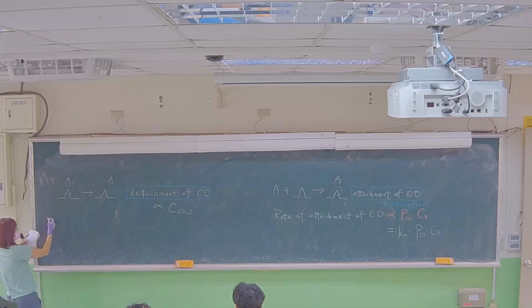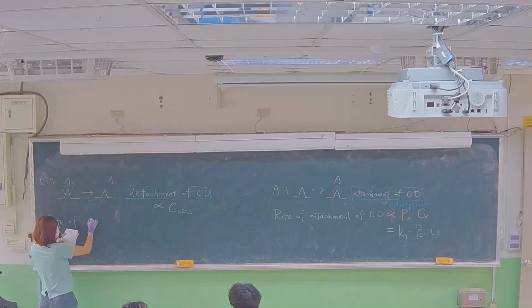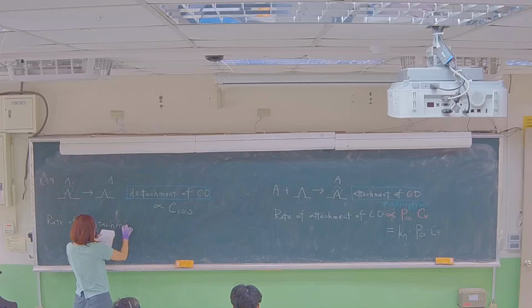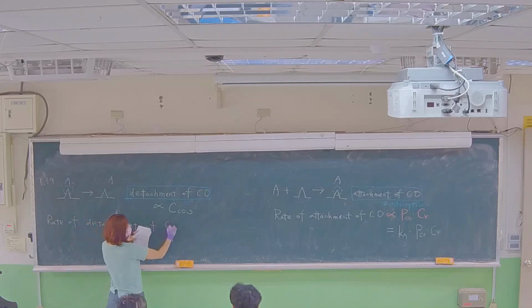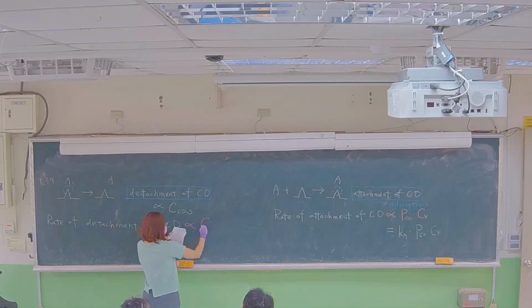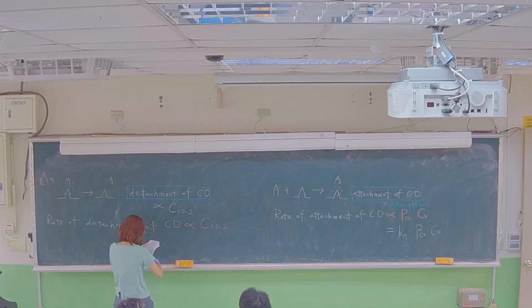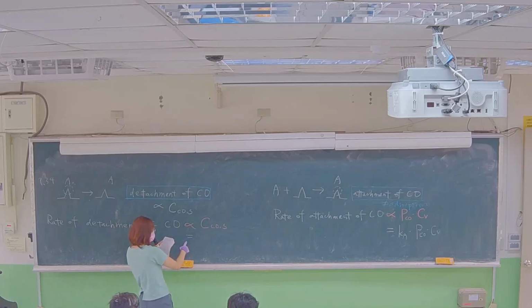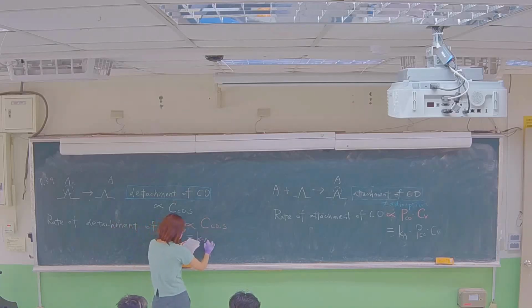Therefore, the rate of detachment of CO is proportional to COS, or replacing the proportionality with an equal sign, K minus A, the rate constant, times COS.